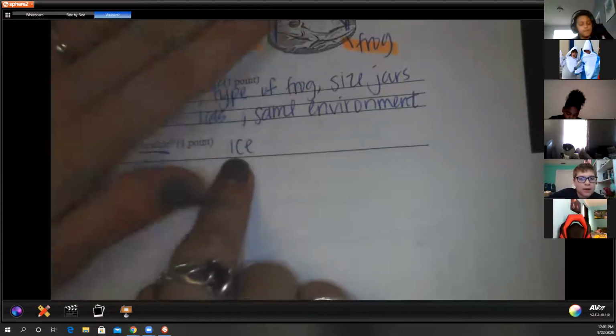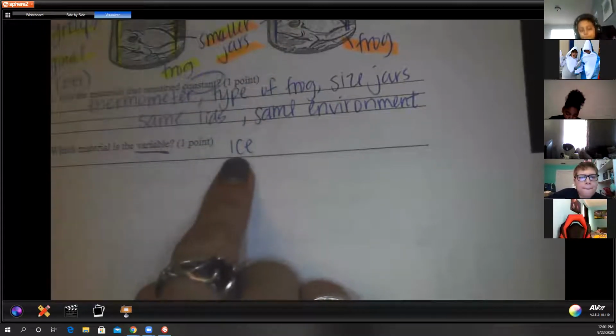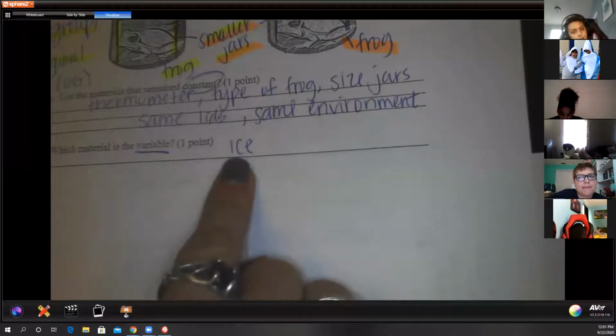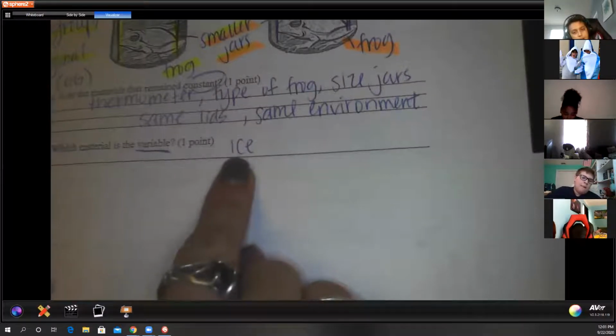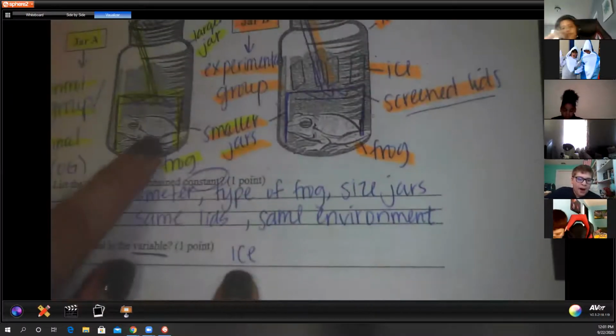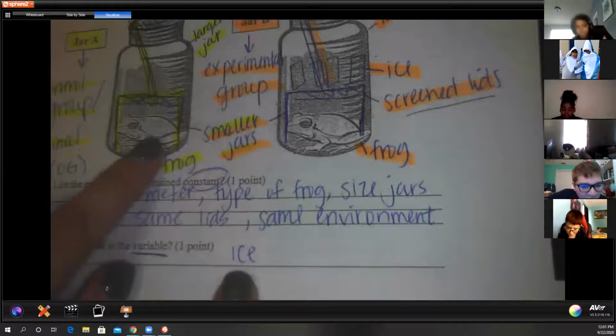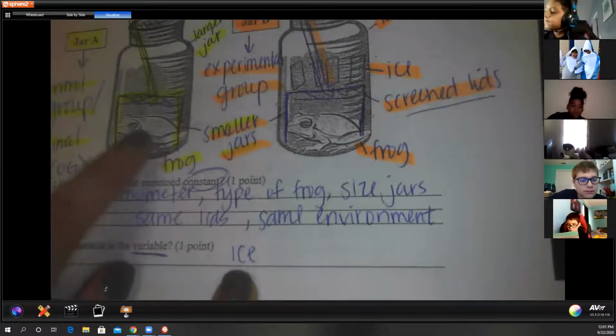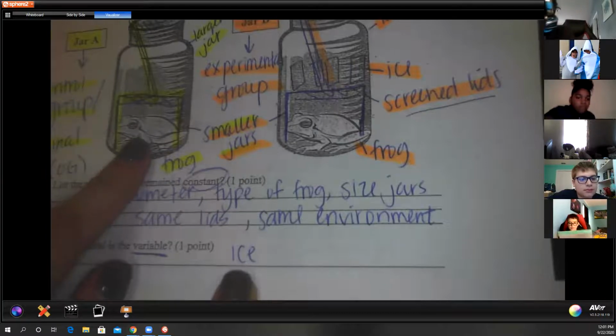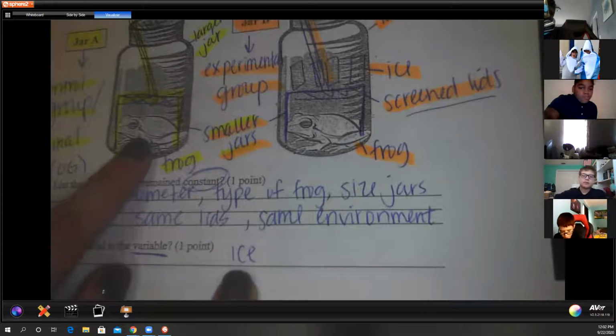Even though my labeling was kind of messy. If you take the time to do that, I can guarantee you it'll make a big difference in the way you understand what's happening. How many people visualized this picture when they were reading the experiment on the front? How many people thought it was better when you could see it on paper? Helped you understand what was happening in the experiment better? Good.